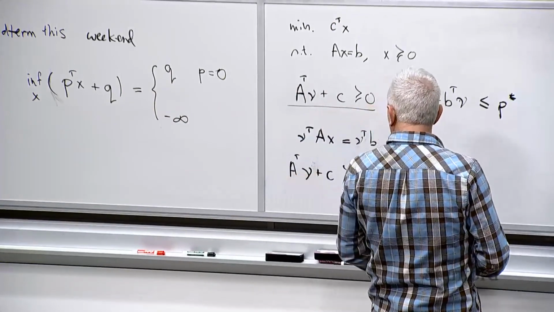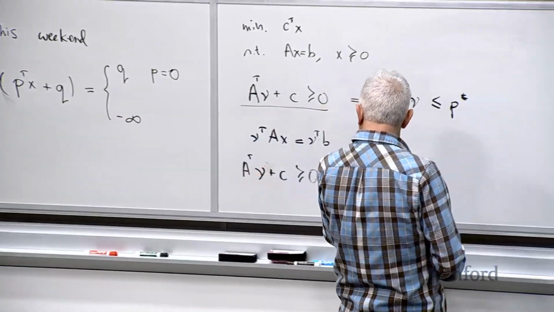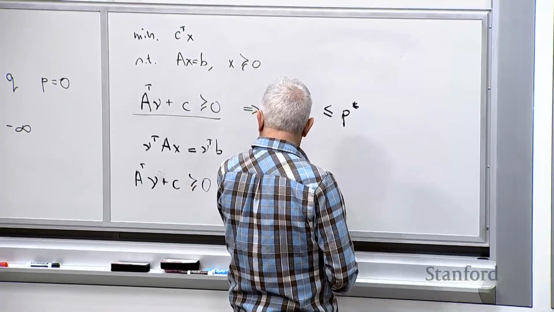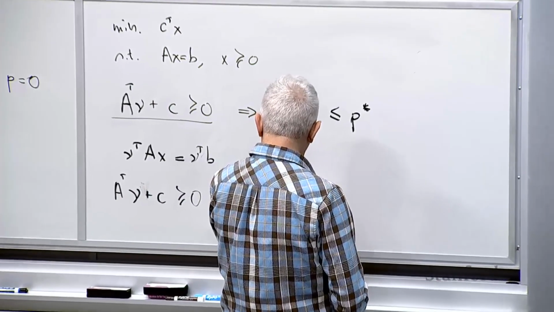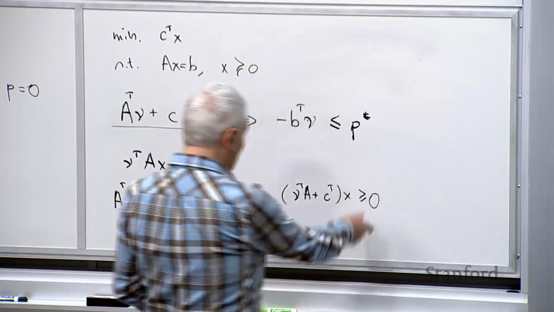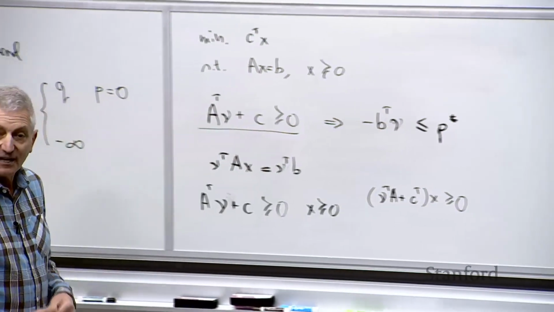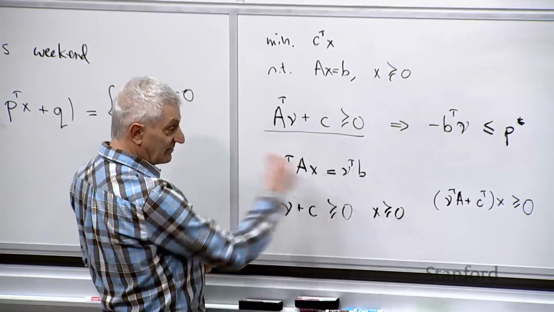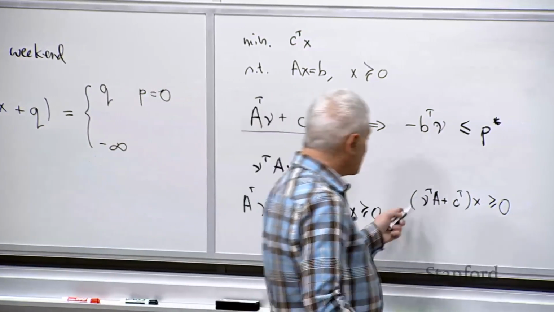So I'll put this on the other side. I'll write nu transpose A, and I'll multiply, let's see, plus C transpose X. That's bigger than or equal to 0, right? Everyone agrees with that. I'm just using the fact that that's an inner product of two non-negative vectors. So you have this, okay? Expand this out.